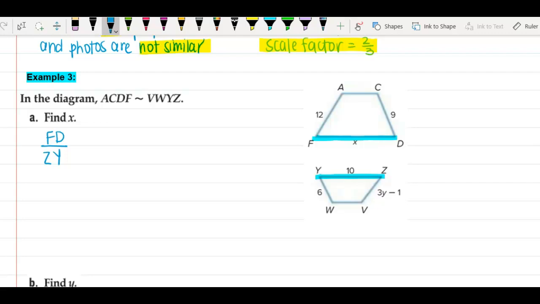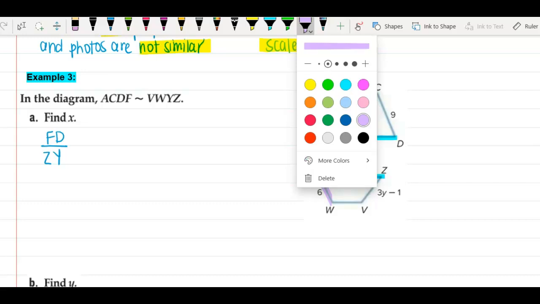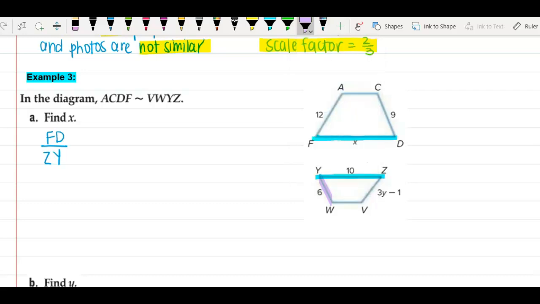So now what I want to look at is, do we have a side that has just numbers, no variables? If I look at WY right there, it only has numbers. So WY, our middle two letters, should go with CD, which also only has a number, which works out.